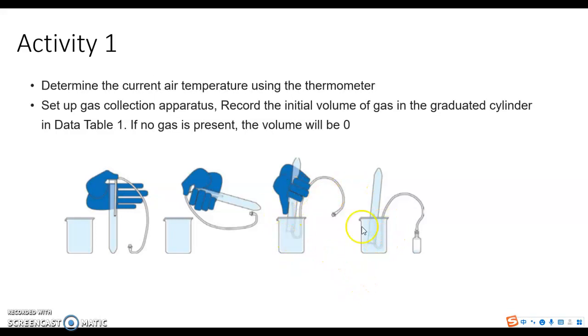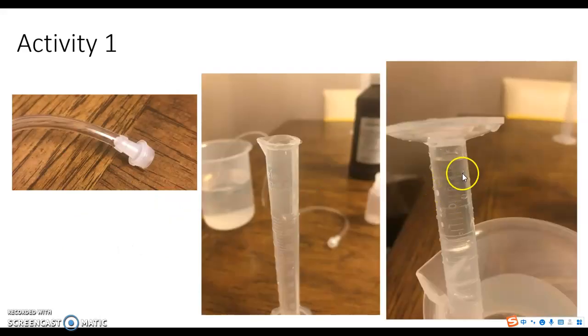And once you flip it, if no gas is present in the graduated cylinder, you can record the initial volume as 0. But if you accidentally get some gas coming into the graduated cylinder, don't worry about that.